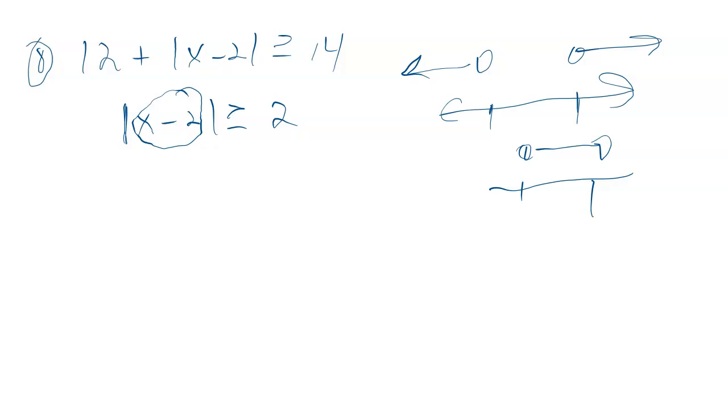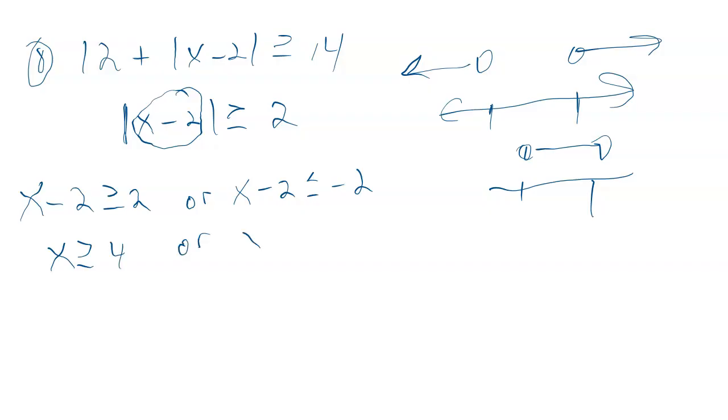So, anyway, I'm going to continue here. We're going to get this into a disjunction. X minus 2 is greater than or equal to 2, or x minus 2 is less than or equal to negative 2. And then solve. X is greater than or equal to 4, or x is less than or equal to 0. I think that's correct.